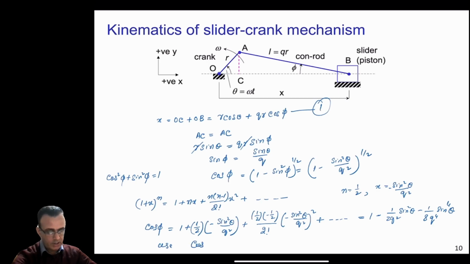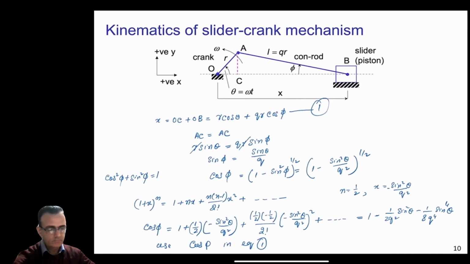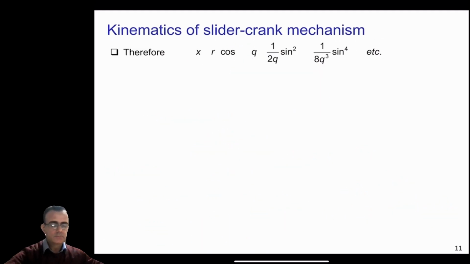If you do this, what you will get is x equal to r cos theta plus q minus 1 over 2q sine square theta, and minus 1 over 8 q cube sine 4 theta, and plus so on.